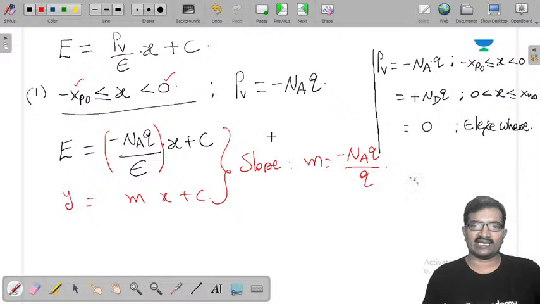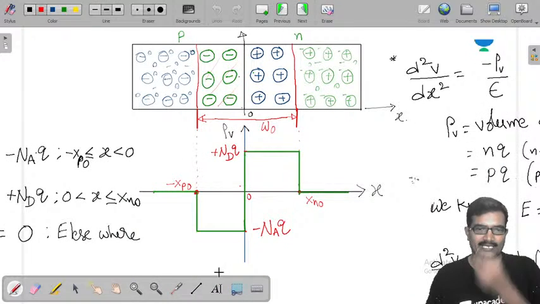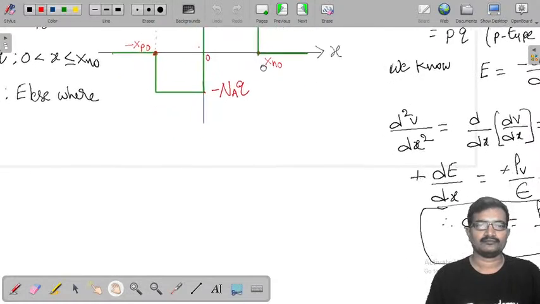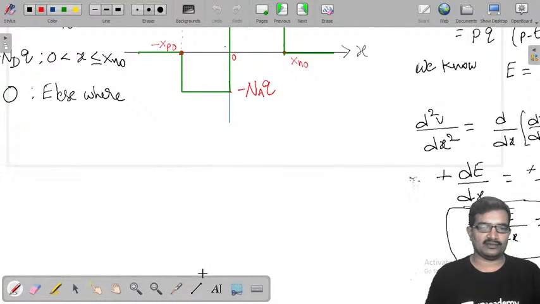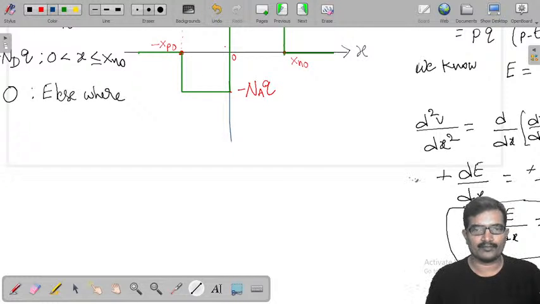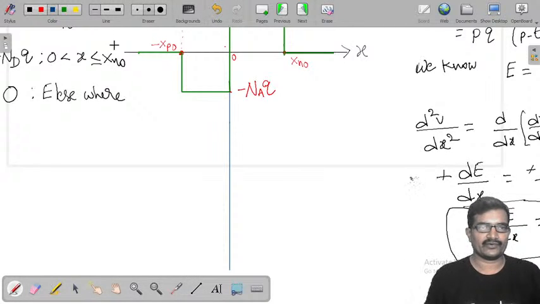Based on these things I am going to plot the electric field. In the same location I am going to plot the electric field. This is the plot for electric field E.